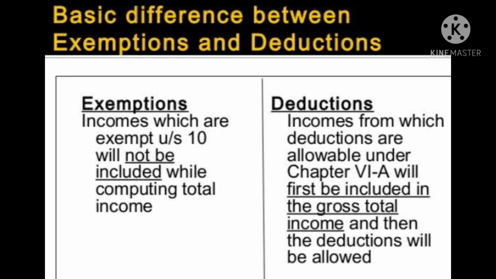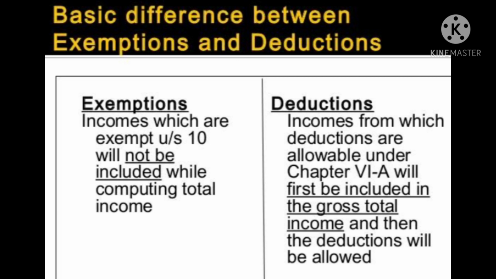Whereas deductions means incomes from which deductions are allowable under Chapter 6A will be first included in the gross total income and then the deductions will be allowed. That means, see, when we are calculating the gross total income, we add it, then again we provide the deduction. For example, professional tax. If I have to pay the professional tax, that I can get under deduction.